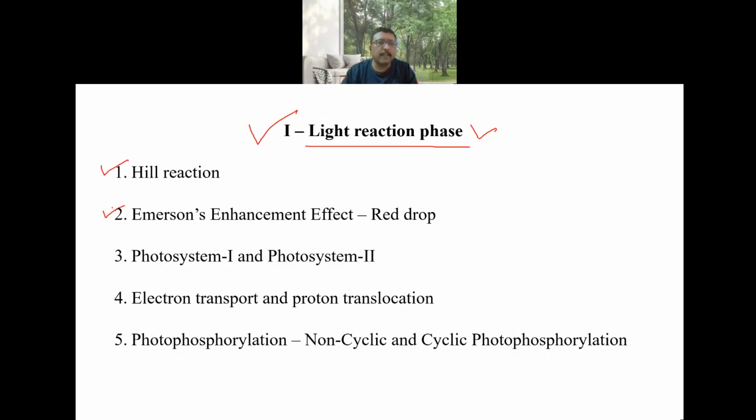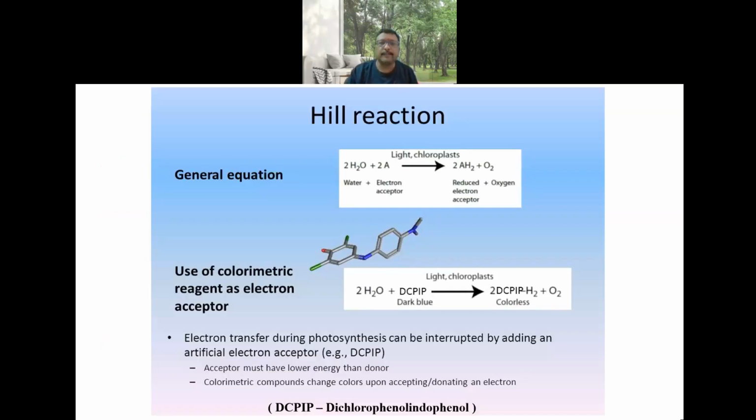Third is photosystem 1 and photosystem 2. Then the electron transport and proton translocation. And fifth is photophosphorylation, where cyclic and non-cyclic photophosphorylation will be dealt with. So the first one is the Hill reaction.